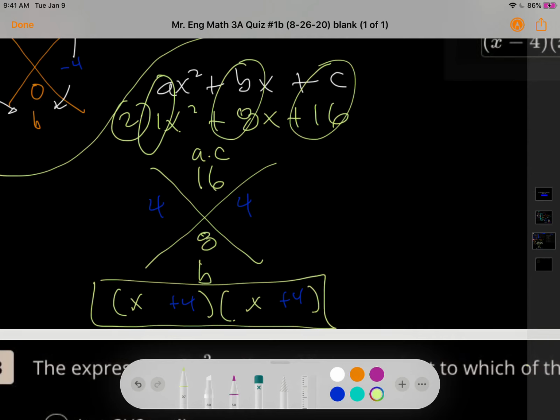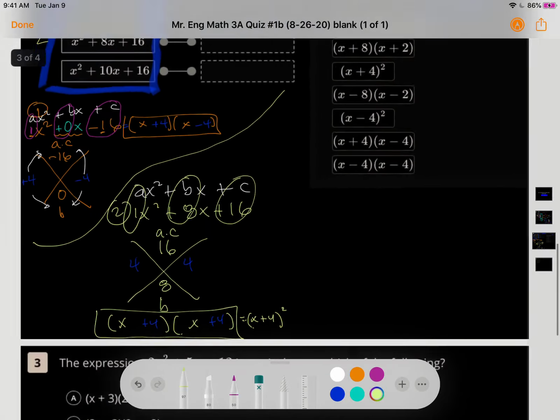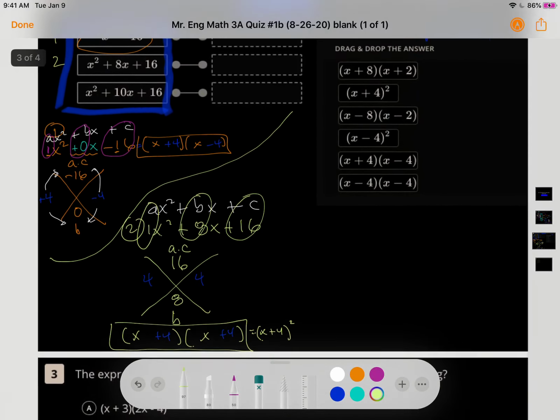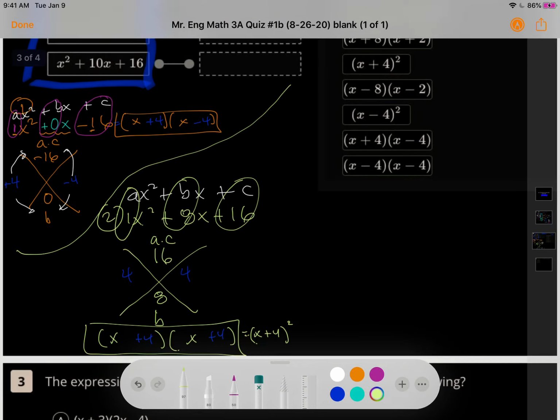Now, you have two of those. They're exactly the same, so I think it's actually better writing x plus 4, and the exponent up here tells you how many you have. You have 2 of those. All right, so let's look at our choices. And I don't see x plus 4, but I see x plus 4 squared. So that would be my answer.